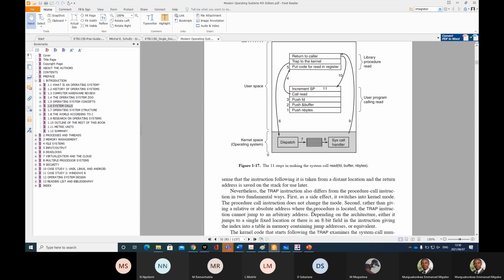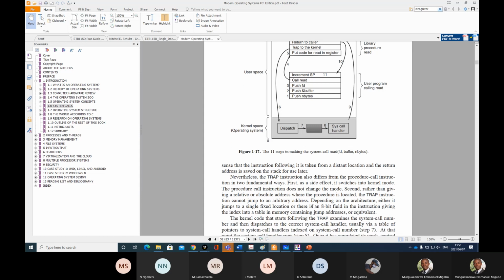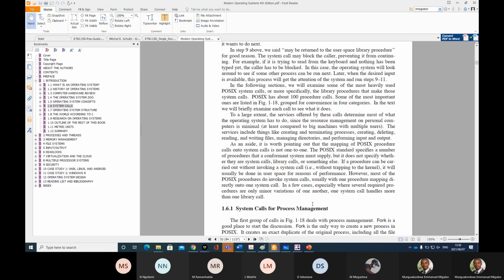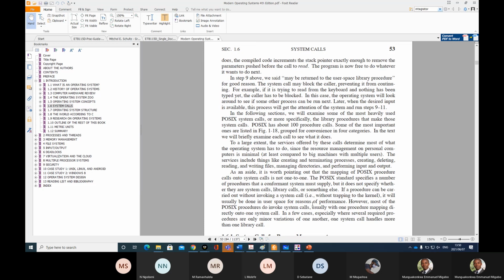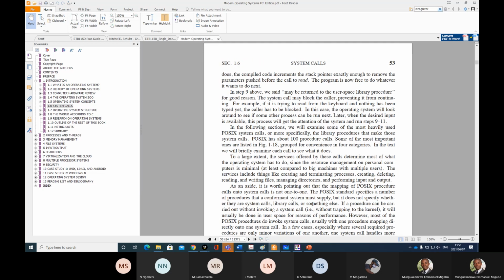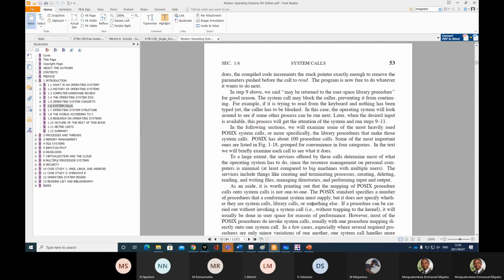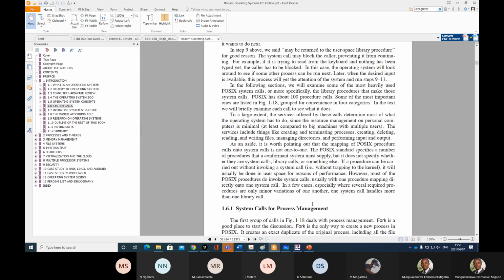Okay, that's very important. There are other steps leading to a system call. A typical system call in an operating system would have around 11 steps to be executed by the procedure in order to complete satisfactorily.